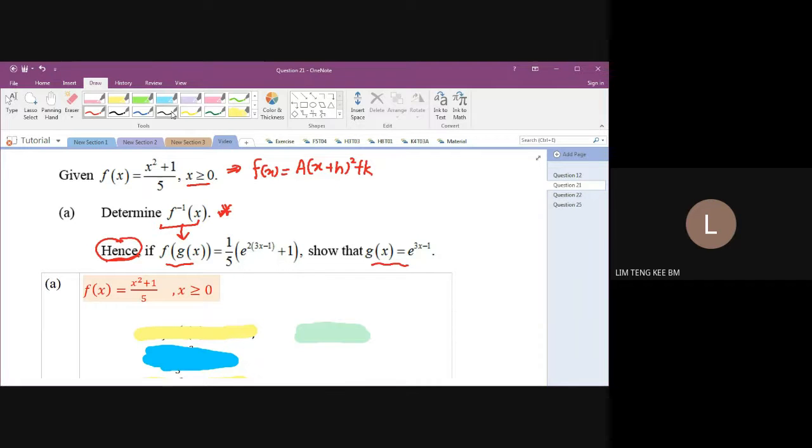And obviously, we are in the form that we want, where we have f(x) equals 1 over 5 x squared plus 1 over 5, where you can see the capital A corresponding to 1 over 5, the h corresponding to 0, the k is 1 over 5.